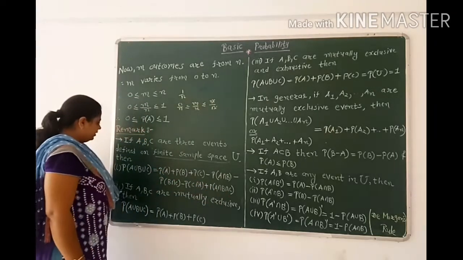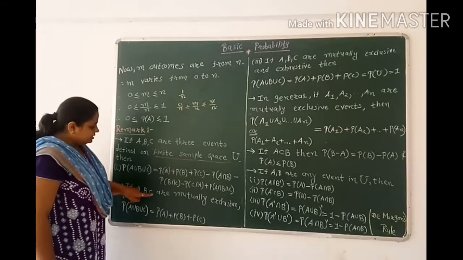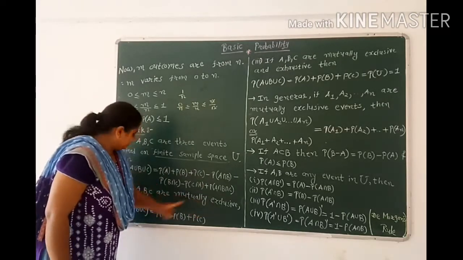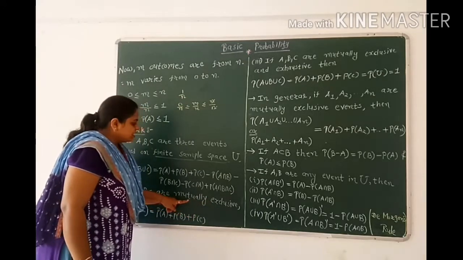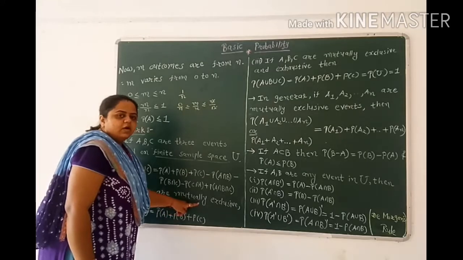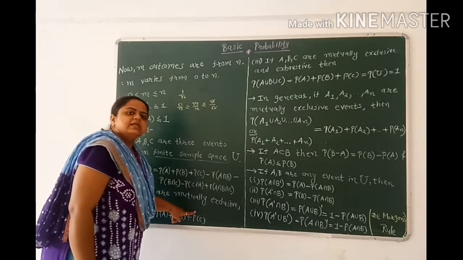Now number 2: if A, B and C are mutually exclusive events, that is, the intersection of any two of these events is phi.